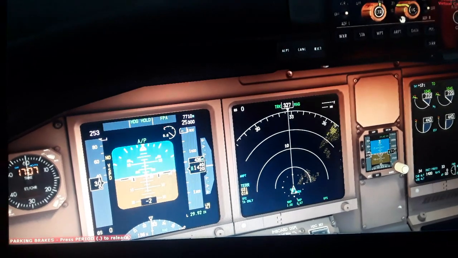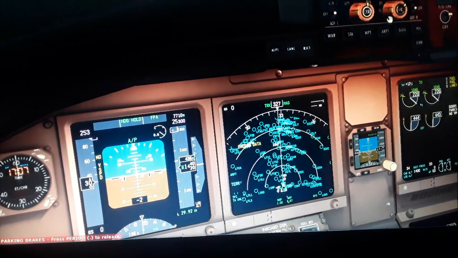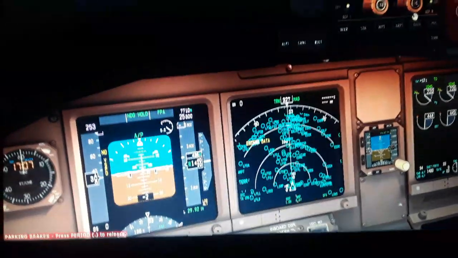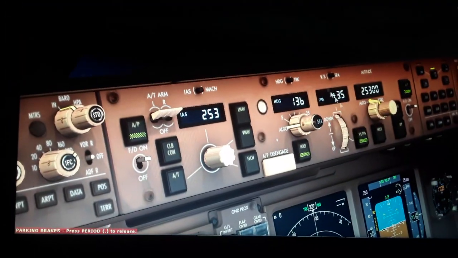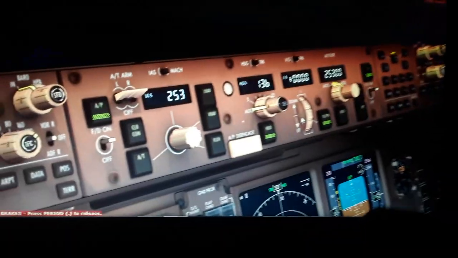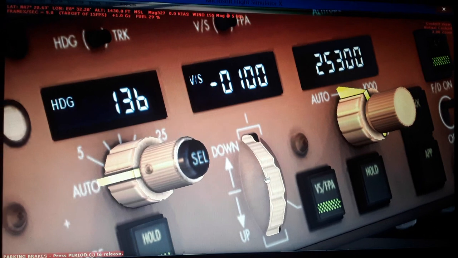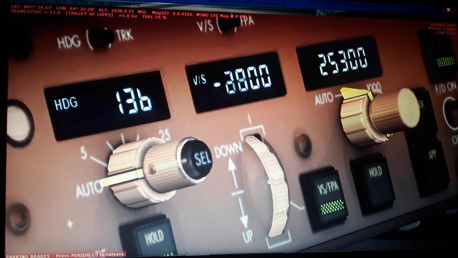Now there's nothing closer. They're all farther away. Also, we're gonna use vertical speed, flight path angle. Now we have the vertical speed indicator. You can see here. So we can turn this like for a descent.